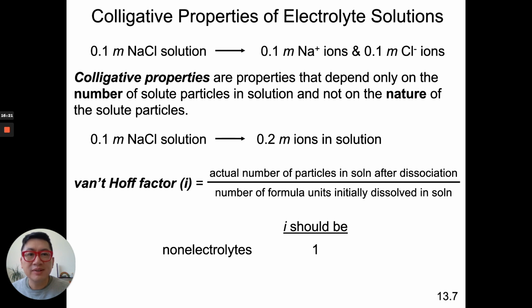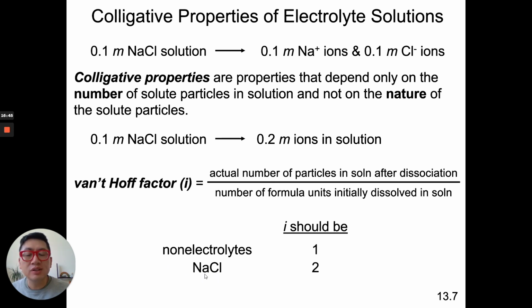Nonmetals with nonmetals is not ionic. Like sugar, C6H12O6, technically glucose. Carbon, hydrogen, and oxygen are all nonmetals, so it's a non-electrolyte. But if it's a metal and a nonmetal, like sodium and chlorine, then it's ionic. For NaCl, i is 2.